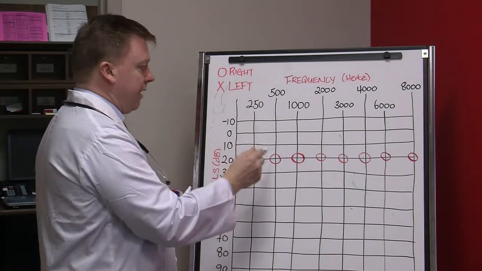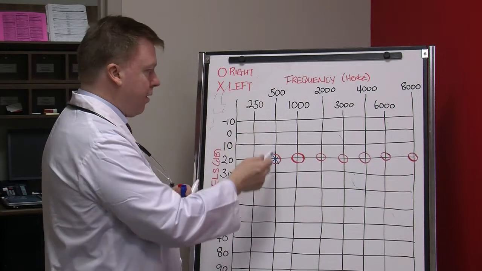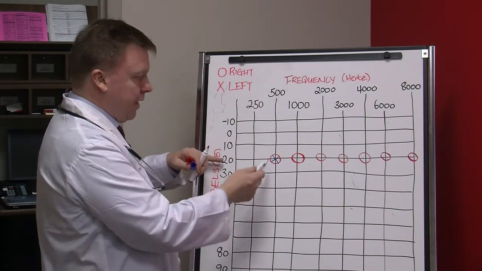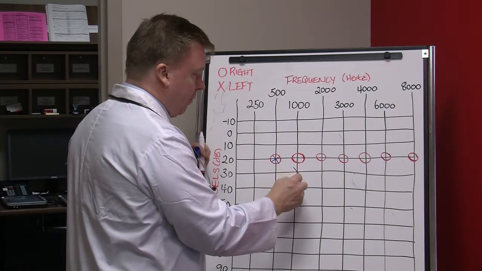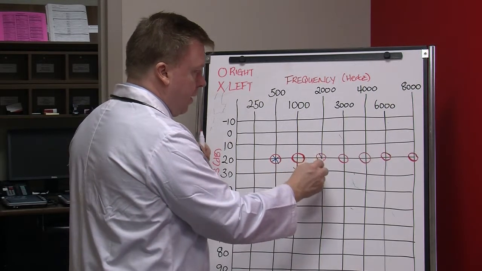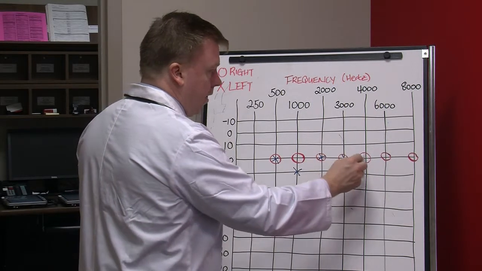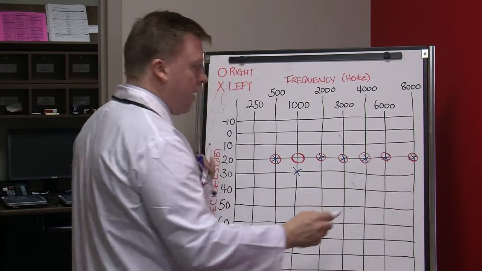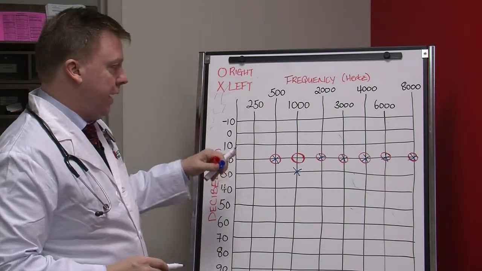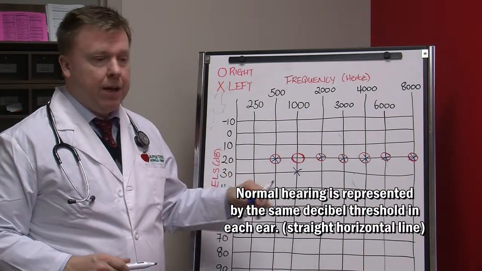So when we test the left, their threshold at 500 hertz frequency is 20 again, 20 decibels, etc. It may vary a little bit, but it won't vary a lot. This is, or represents, normal hearing.